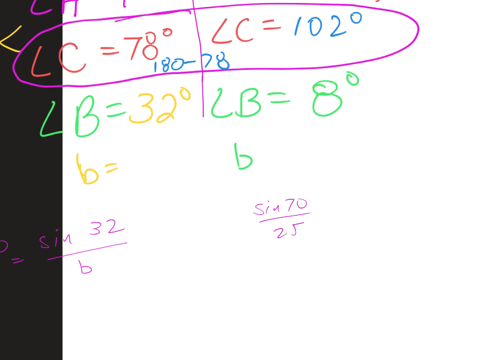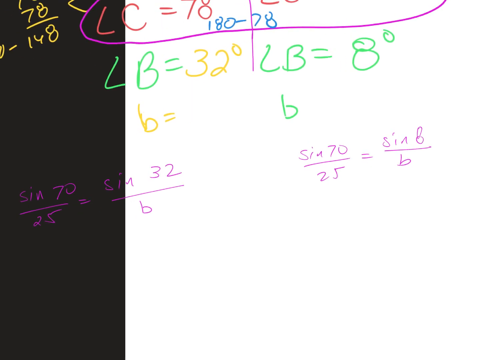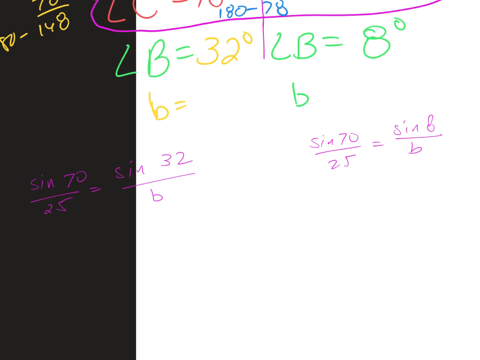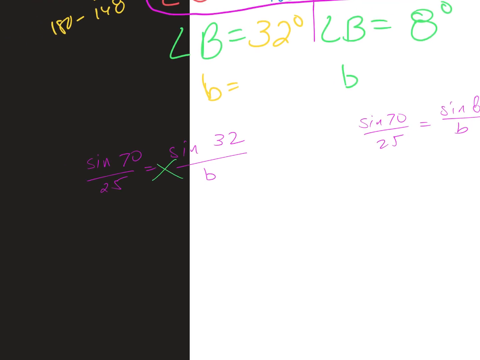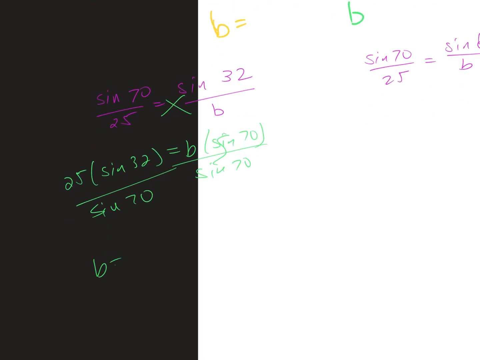So sine 70 over 25 equals the sine of 8 over little b. And we're going to solve each of those. Cross multiply. So you have 25 times the sine of 32 equals b times the sine of 70. Divide both sides by sine 70. And how long about is side B?